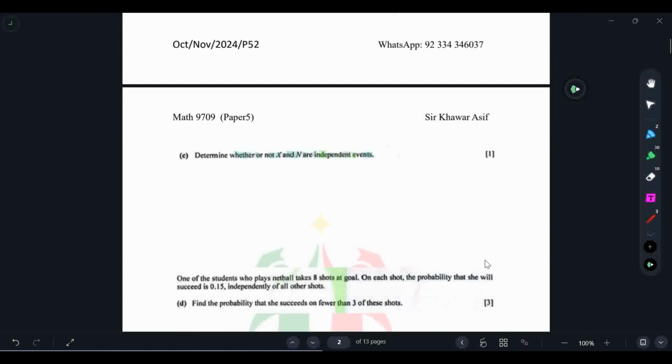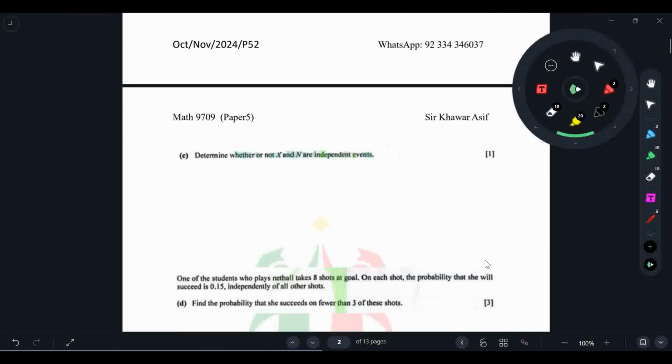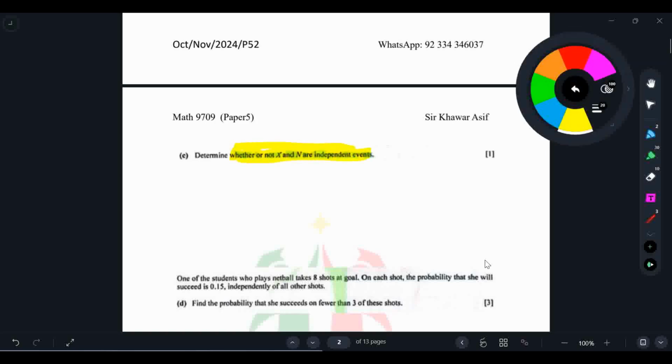Determine whether or not X and N are independent events. Now we need to check whether these are independent events or not.